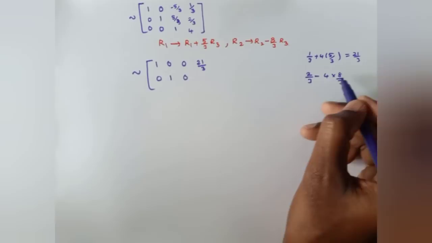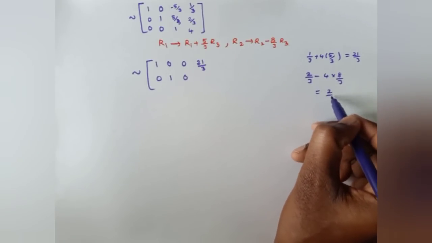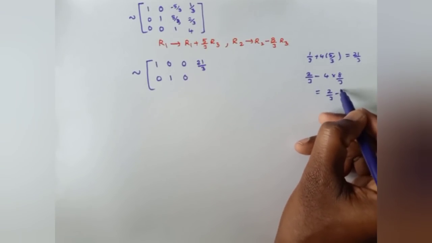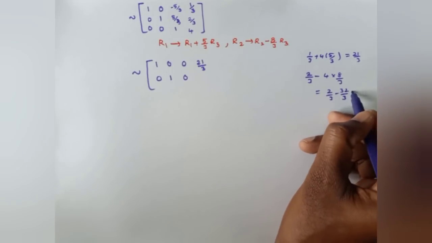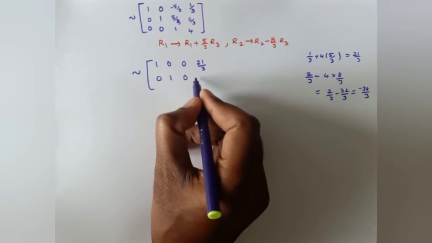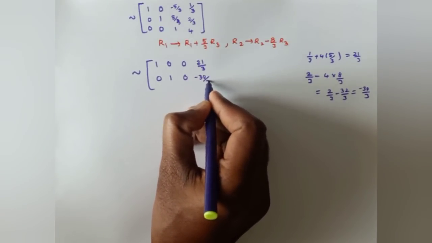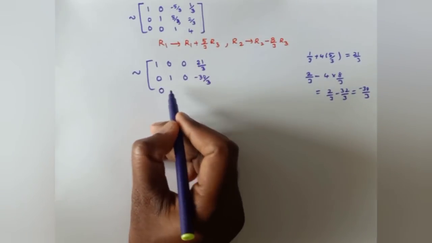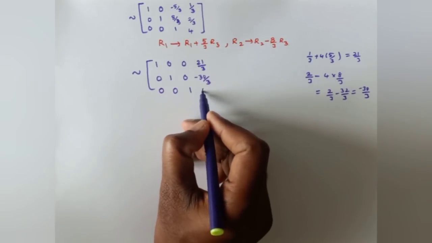Then what happens? So this is 2 by 3 minus 32 by 3, which is minus 30 by 3. This is minus 30 by 3. And 0, 0, 1 and 4.